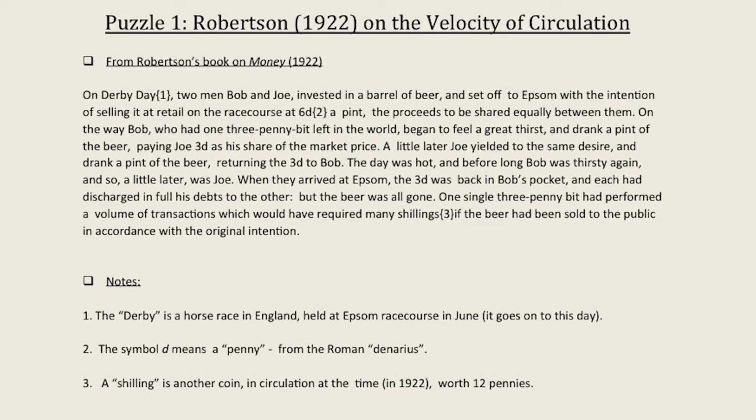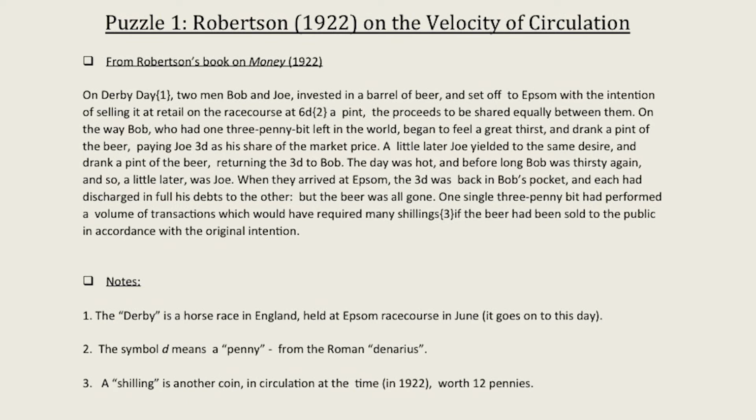So they're going to sell it for 6 pence a pint, the proceeds to be shared equally between them. On the way, Bob, who had one 3-penny bit, a 3-penny bit is a coin worth 3 pennies, began to feel a great thirst and drank a pint of the beer, paying Joe 3 pence as his share of the market price. A little later, Joe yielded to the same desire and drank a pint of the beer, returning the 3 pence to Bob.